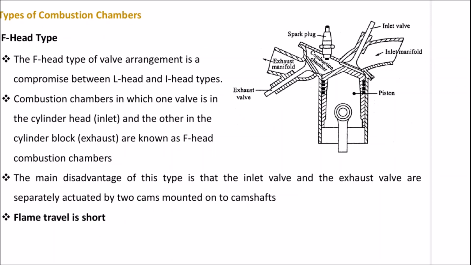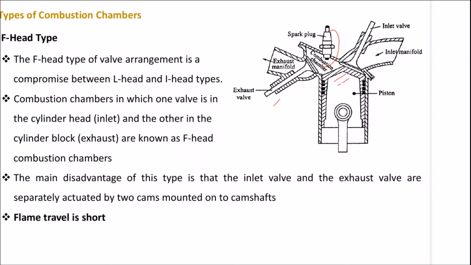And the final one is the F head type. In the F head type combustion chamber, look at the position of the inlet valve and exhaust valve as well as the spark plug. Look at the profile of the piston head.